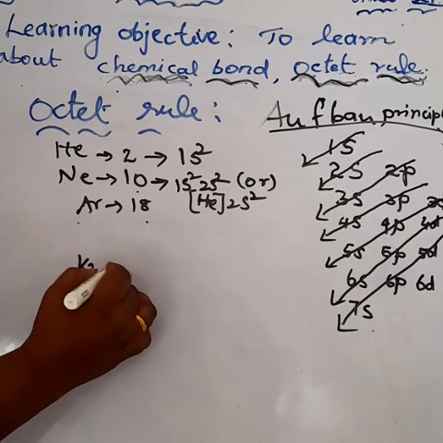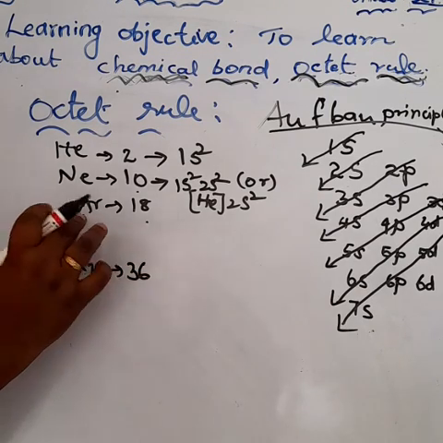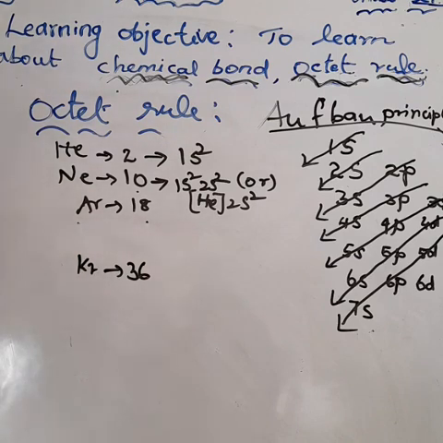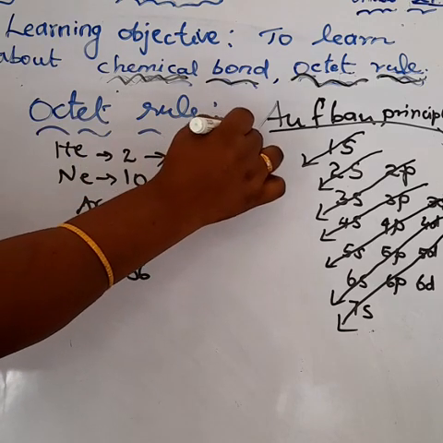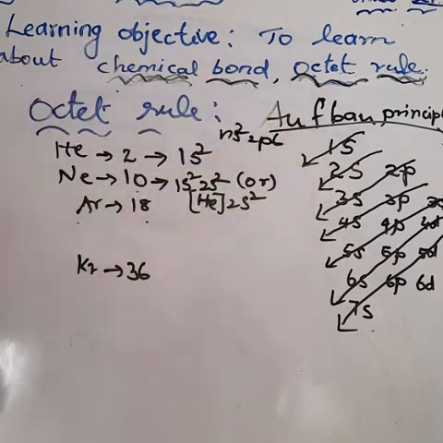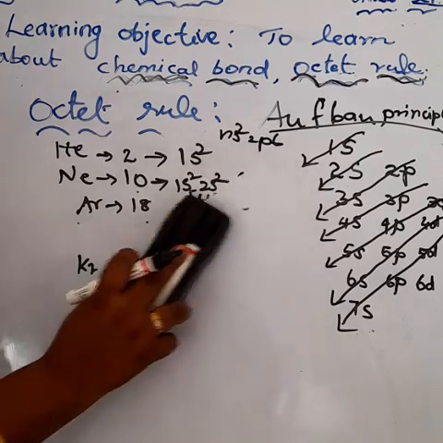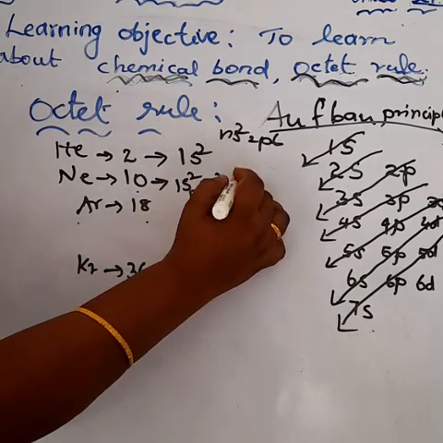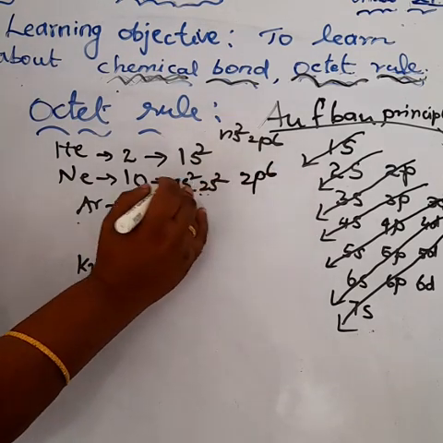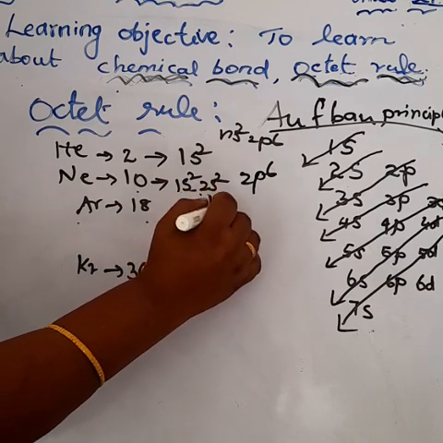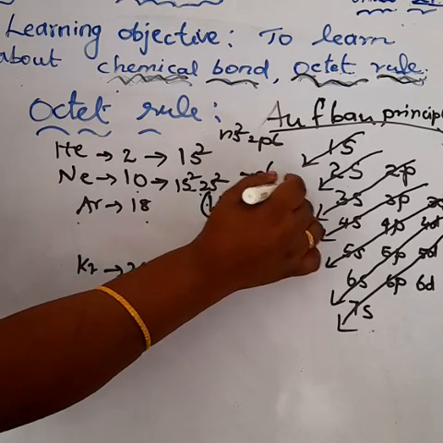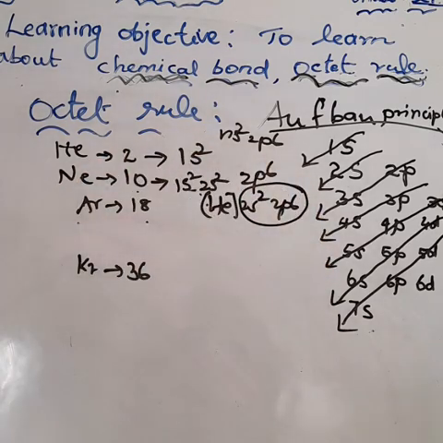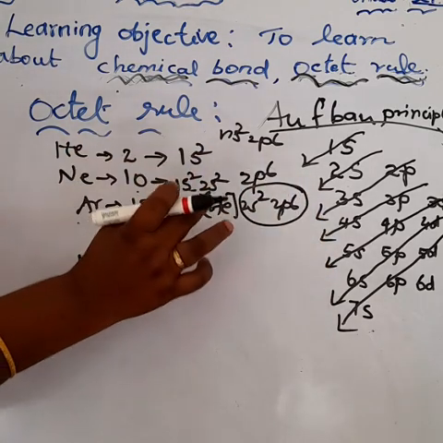Okay, but these noble gases, group 18 elements, have the general electronic configuration ns2 np6, so it should have 8 electrons in their valence orbit. Helium has only 2 electrons. Then neon, atomic number 10.